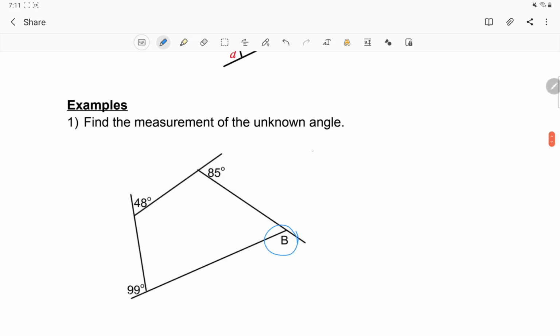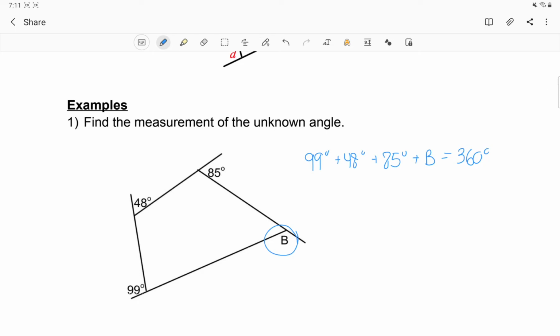Since we know that it must add up to 360, this must be true: 99 plus 48 plus 85 plus B must be equal to 360.